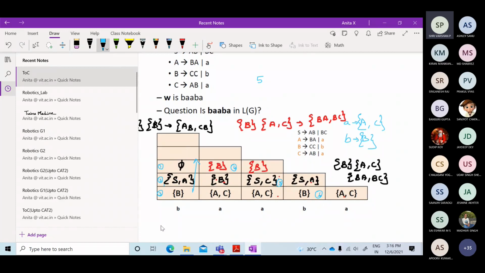So what should be the cross product now? 1 should be multiplied with? Just say the number. 1 should be multiplied with 6.